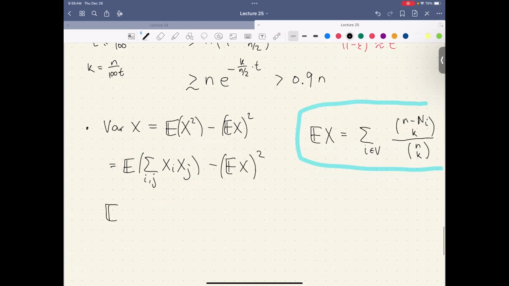By bilinearity of expectation, let's look at one term.